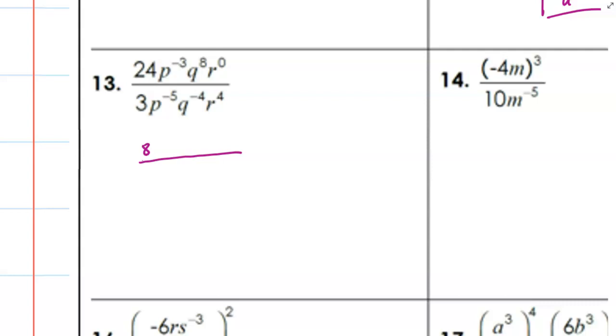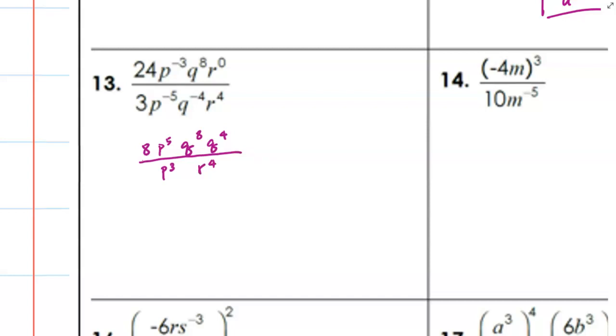So negative 3 minus 5, which is plus 5s. So p to the 2nd. Okay. Or you can move it, the p to the 5th up here and p to the 3rd up here. It's up to you. Whatever works for you. Okay. And q, you can do it in your head. That's fine. If you need to do it this way and get rid of all of the negative exponents, it's up to you.